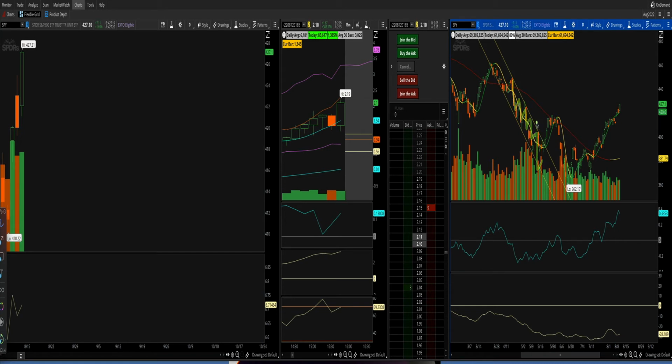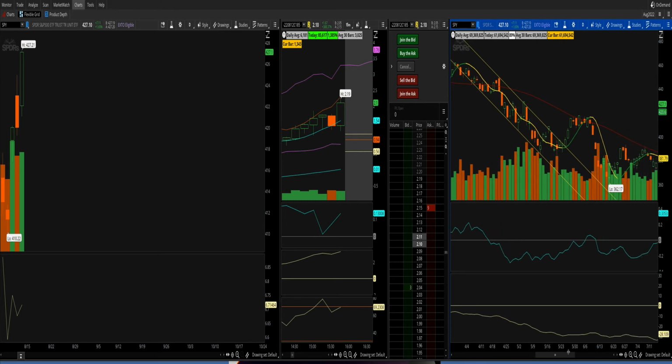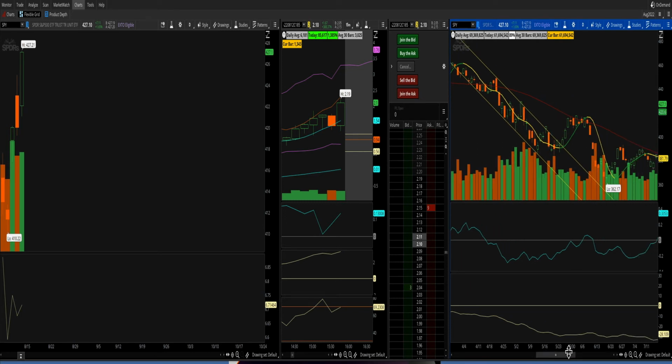When did it break out? It didn't really break out of that channel. It broke out there 1 day, which was right here, and it broke out and stayed right there. Let me open this up a little bit more, make that a little bit bigger so that you can see that channel.